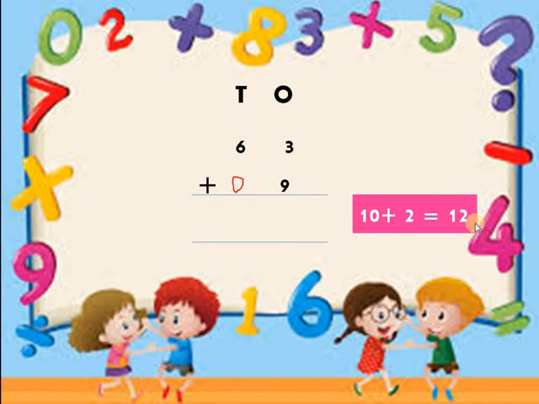As it's a double digit number, we cannot write it directly here. We need to break the number into tens and ones, that is expanded form. So here now we have got a ones digit number. That only we are going to write in ones place. Now in tens place we have 10, that is 1 here. So this 1 needs to be carried over in tens place.